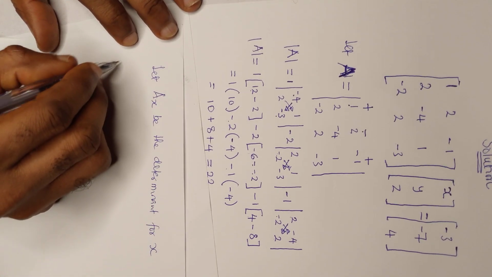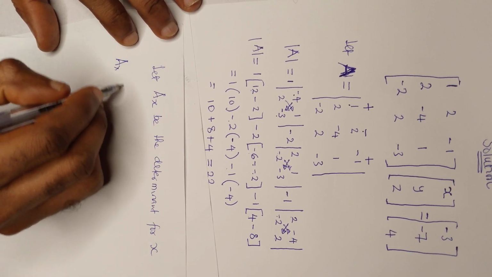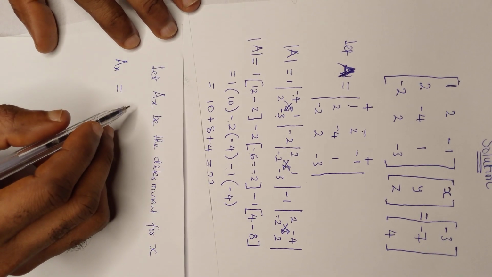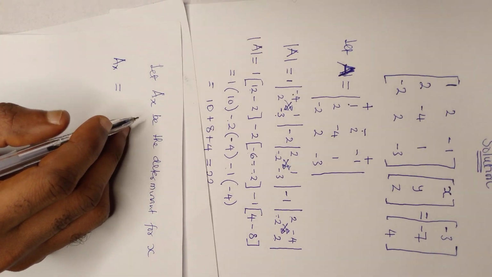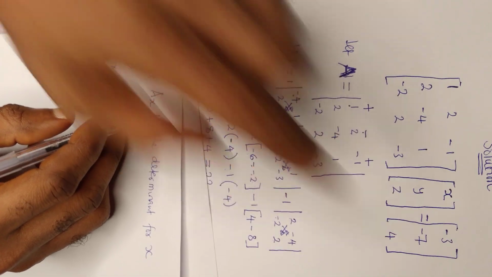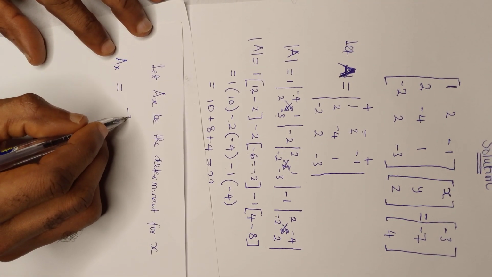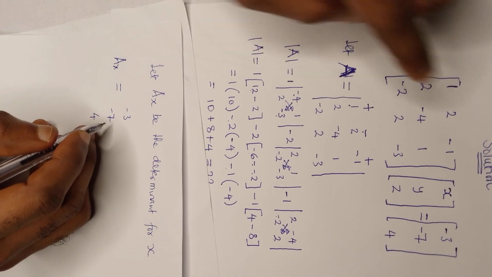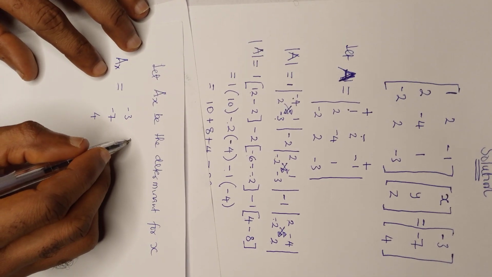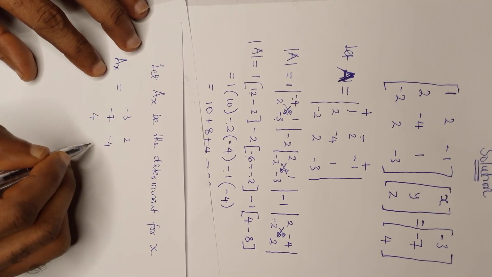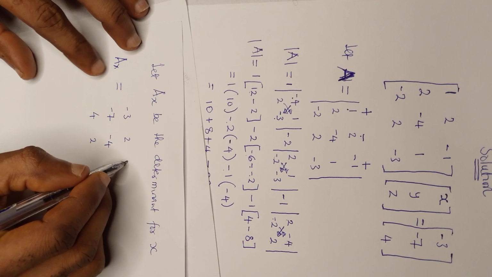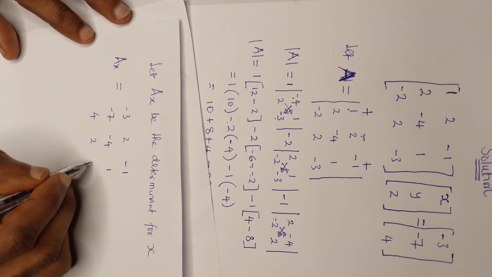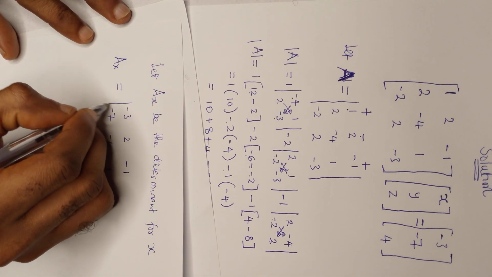So x determinant will be equal to, so we take out this value, replace it with this. So we are going to have -3, -7, 4. And we can take this one now. 2, -4, 2. Then we can take this one now. -1, 1, -3.